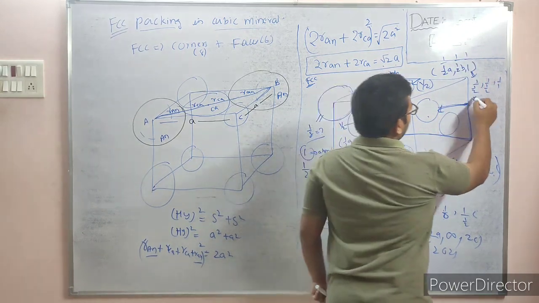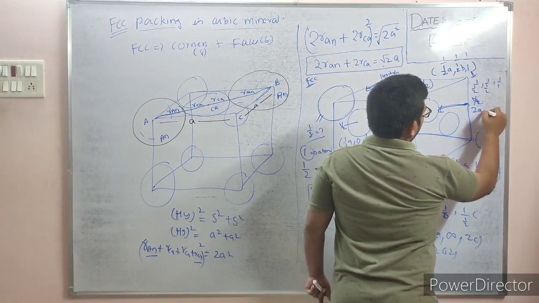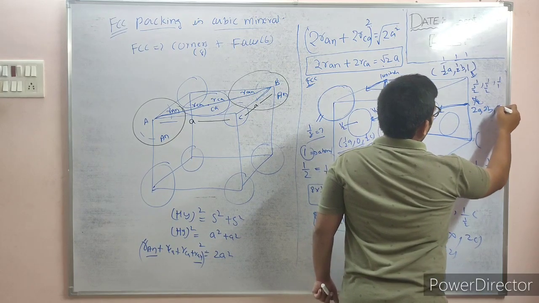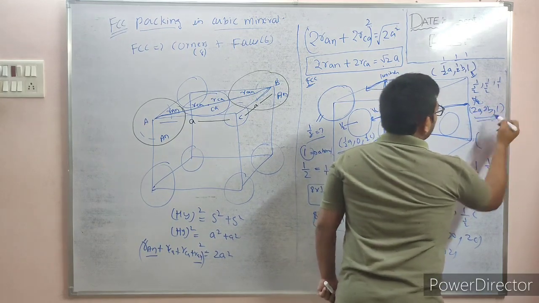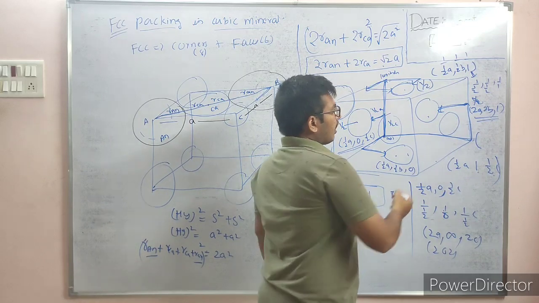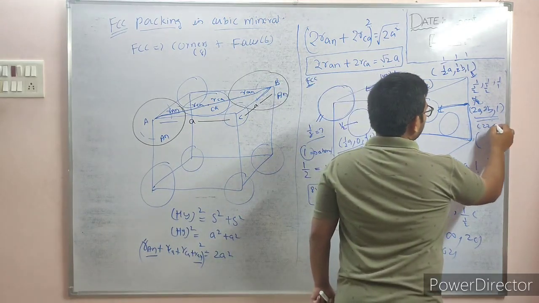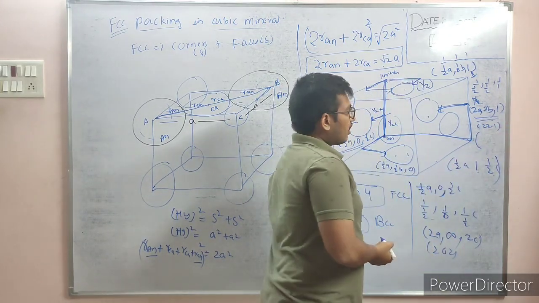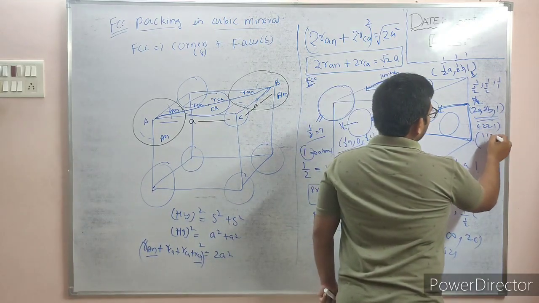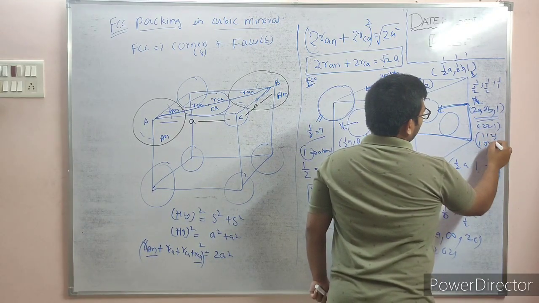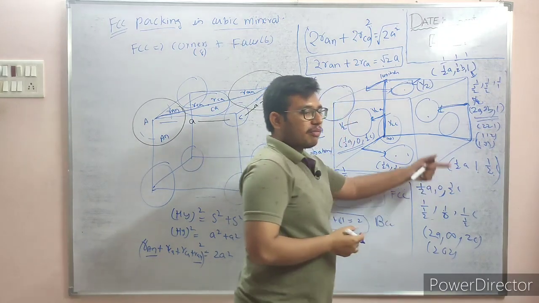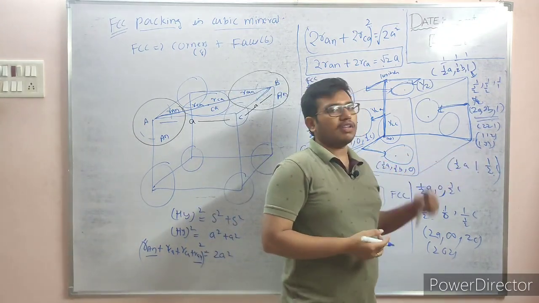So what we will get is 2A, 2B, 1. These are the Miller indices. So we are getting faces like 2, 2, 1. It will also come like 1, 1, 2, or 1, 3, 1, like this. Different values of Miller indices will come.